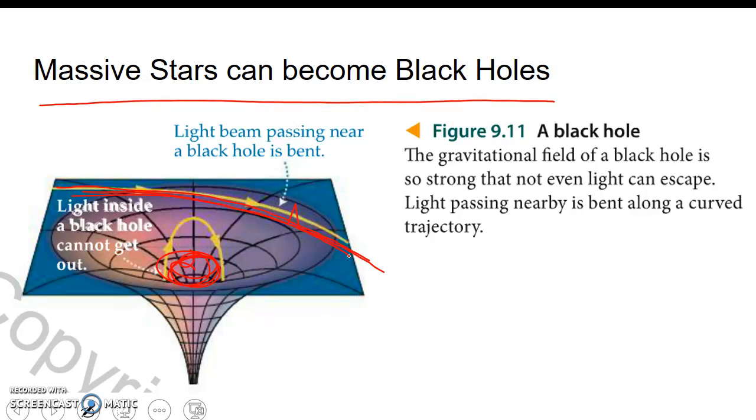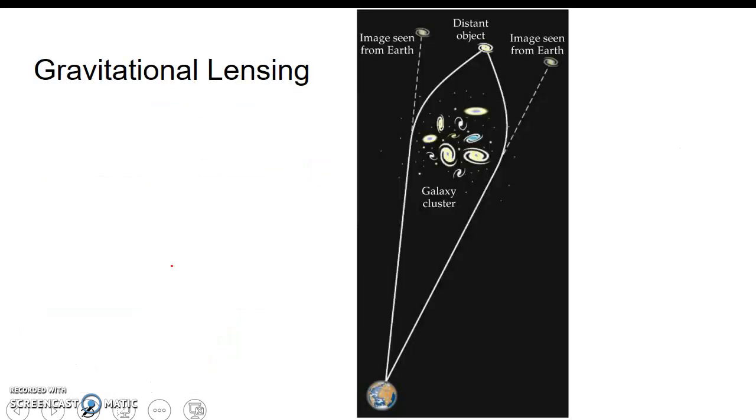So a black hole is when something so massive, a star, collapses on itself, dies, all the mass comes in. When that happens, light doesn't escape, so that's why it's black, but it also bends the light around it. This leads us to something that's called gravitational lensing. So let's say you're on Earth and you're looking at space and you see this galaxy cluster, and then there's a distant object you see.